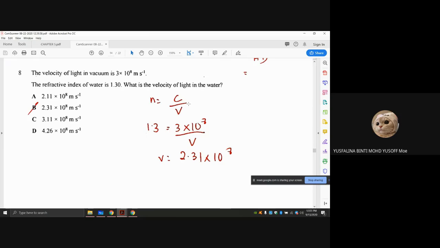This is a constant value, it does not change, like gravity, the value is always the same. And v you need to find, and they give you the refractive index already. So you just substitute, and you get the answer B.